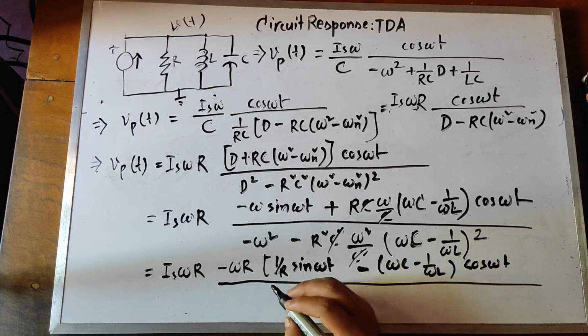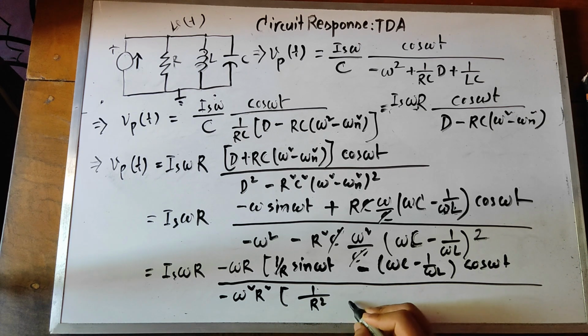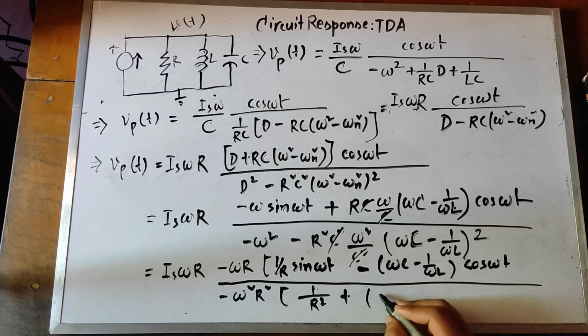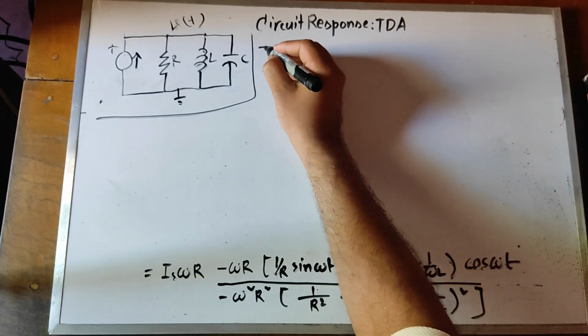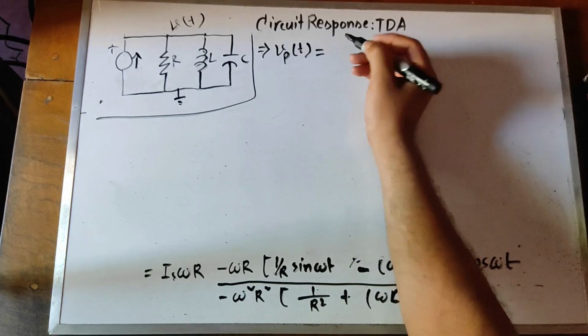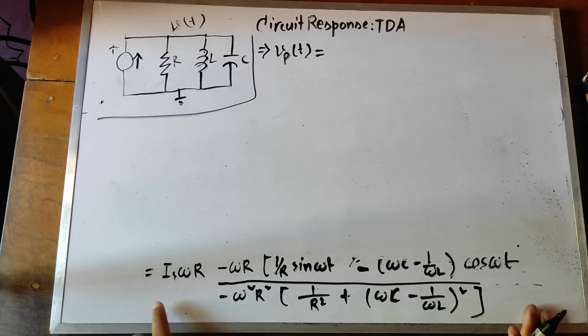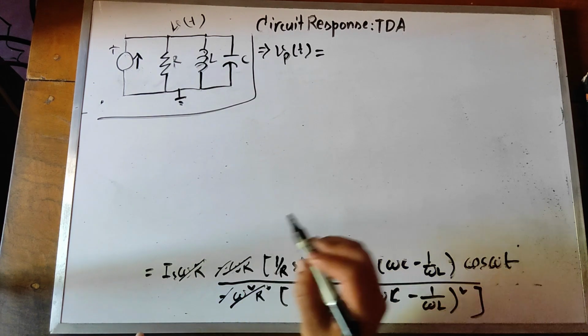So from here, if I take omega minus omega square r squared common, it will give me 1 by r square plus omega C minus 1 by omega L whole squared. So I am finding the voltage response for the parallel RLC circuit. So far I have got this, so this and this will cut out along with the minus sign.